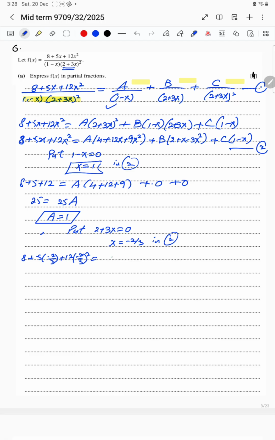Here you will see a is 0, b will also be 0, only the c term will be the answer, c times 1 minus minus 2 by 3. Simplify it to get c. You will see the answer in the calculator, I get c is equal to 6.